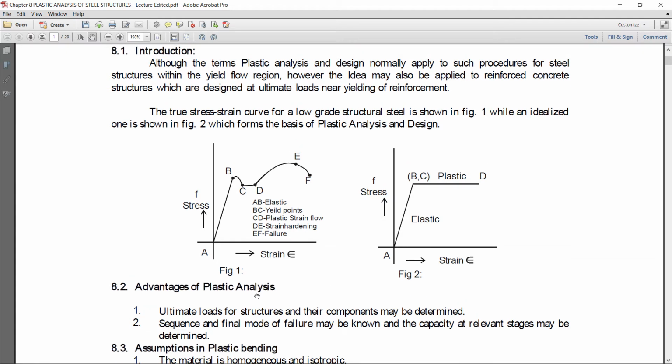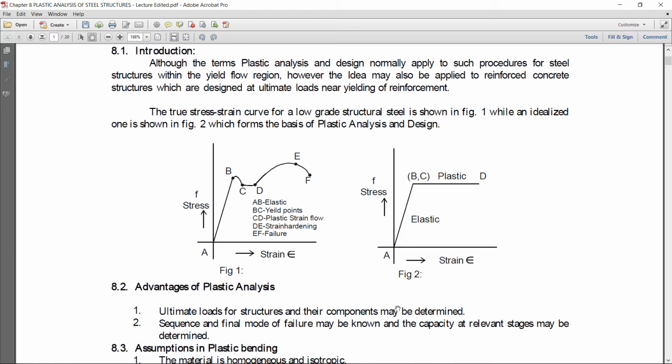Advantages of plastic analysis. Why do we perform plastic analysis? After performing the plastic analysis, we get ultimate loads where the failure will occur. Ultimate loads for structures and their components may be determined.